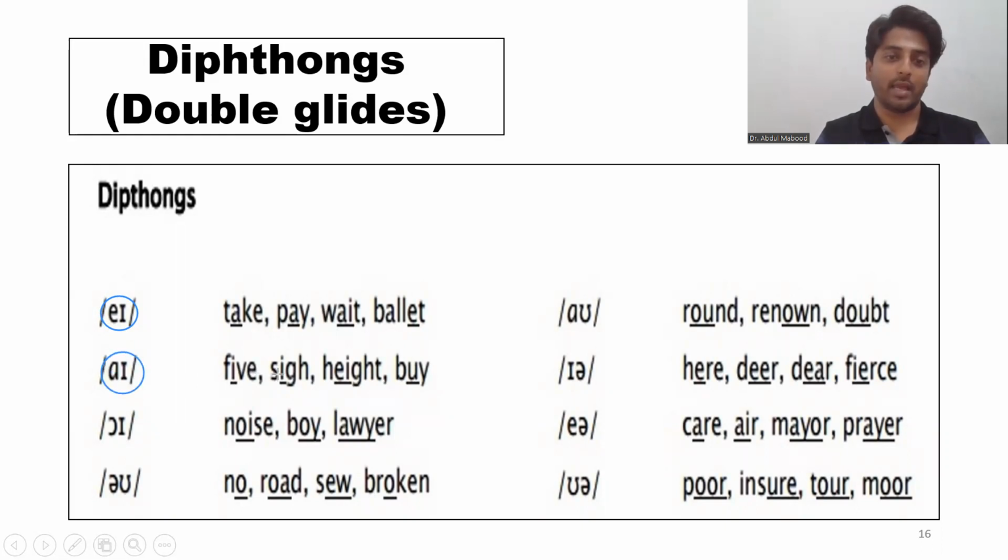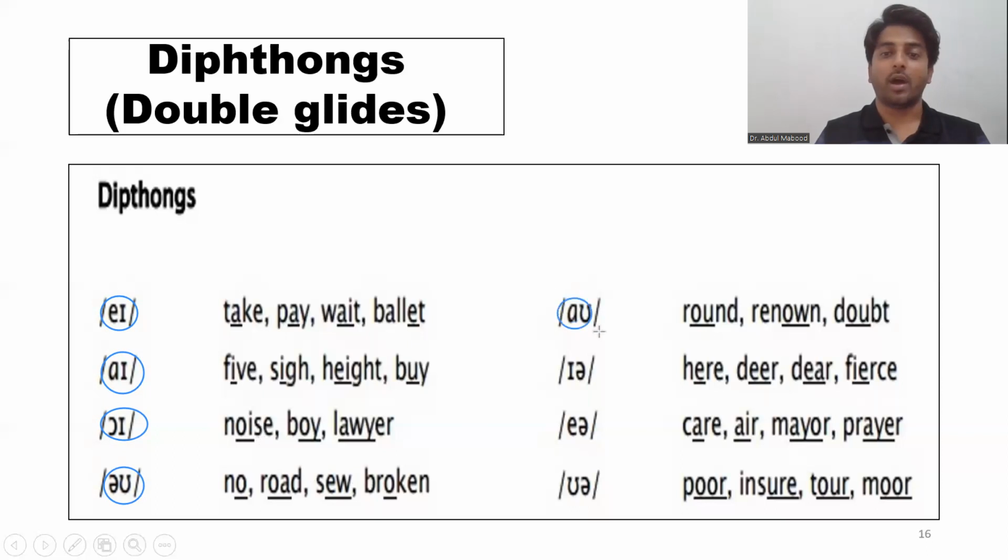Next one is I: five, sigh, height, by. Another one is oi, like noise, then boy, lawyer. Next you have oh, like no, road, seal, broken, O sound.